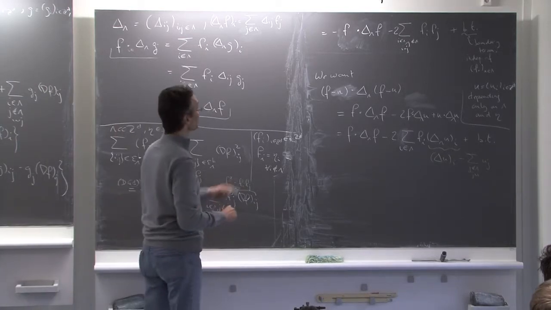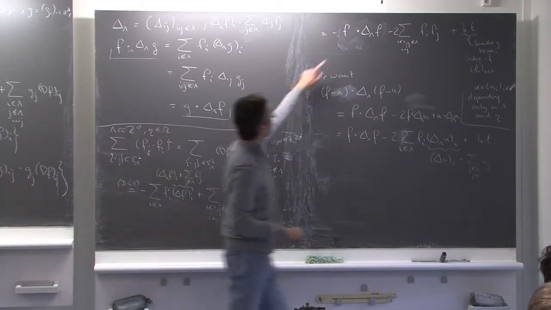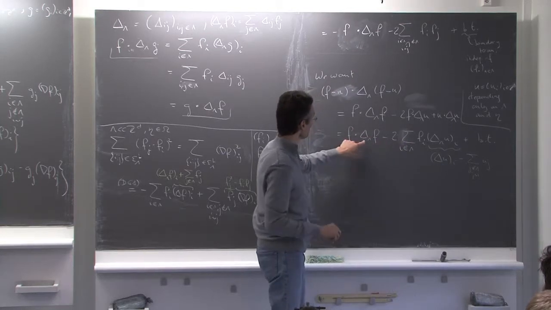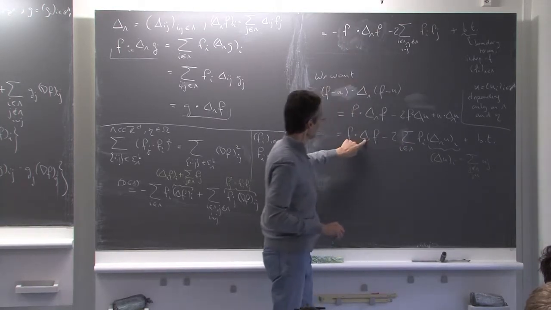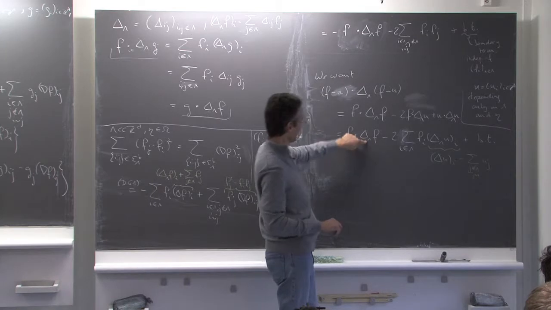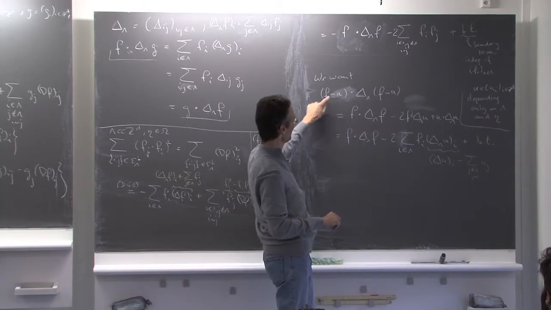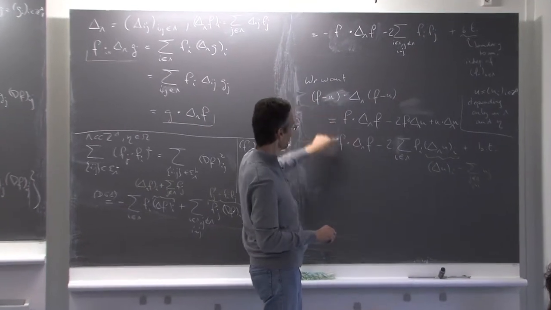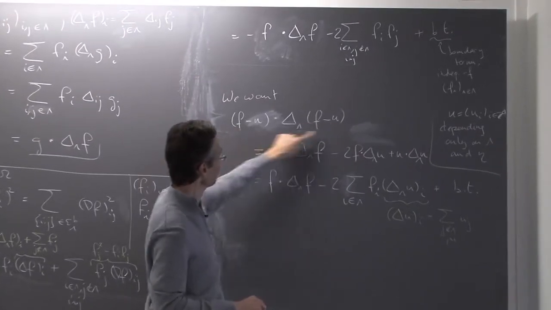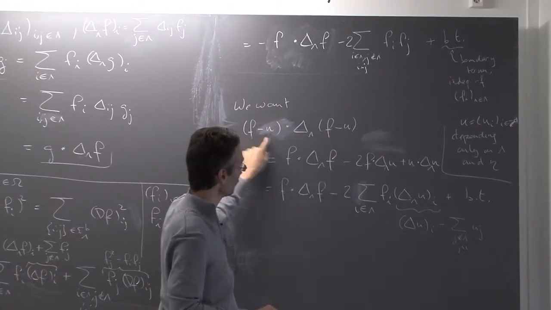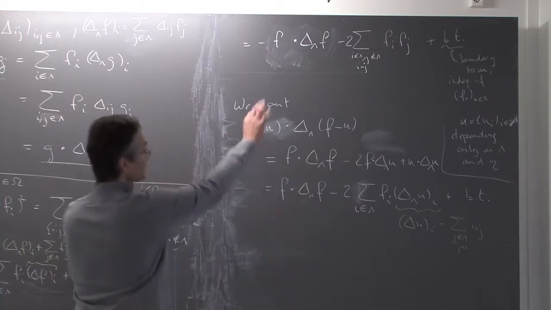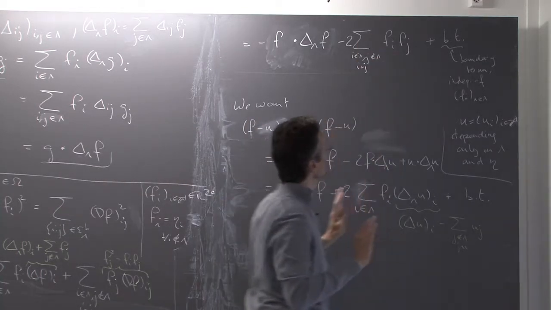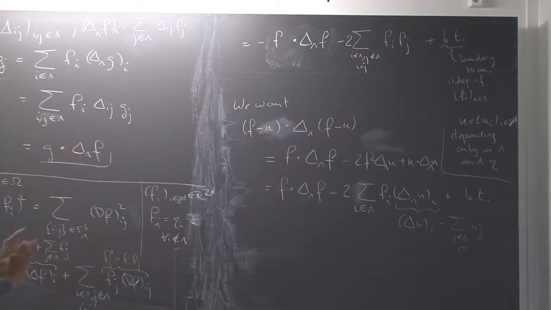Okay, now I can compare the expression I got here with the expression I get here. So I see that this guy, which is here, so minus this. So if I bring this guy on the right, on the left-hand side, and this expression on the right-hand side, I see that minus this is equal to minus that, which is nice, that's what I want, plus some mess. And then all this mess that I have here and there, I have to choose u in such a way that they cancel out.